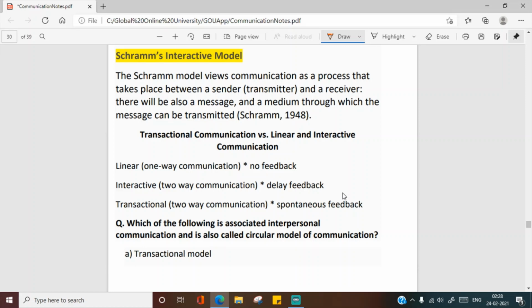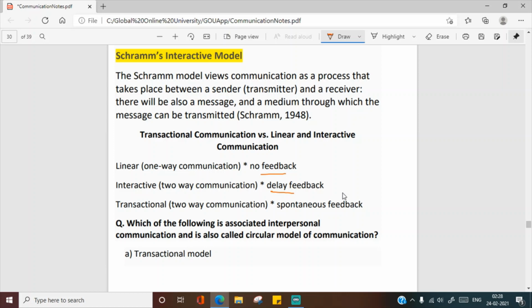Now, here is the difference between the linear, transactional and interactive models of communication. In linear, there is no feedback. In interactive, there is delayed feedback. How delayed feedback? Because sometimes what happens is, if I post a video on YouTube, you might drop a comment after 12 hours of posting the video.